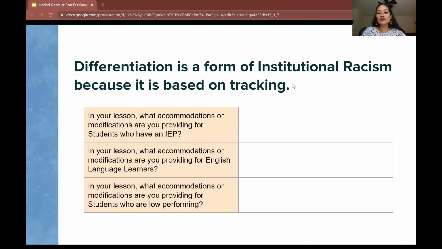Another example of harmful differentiation is when you give students with an IEP or English language learners, emerging multilingual students, or students who are just struggling, you give them shortened assignments. So instead of 10 questions, you're giving them 3.